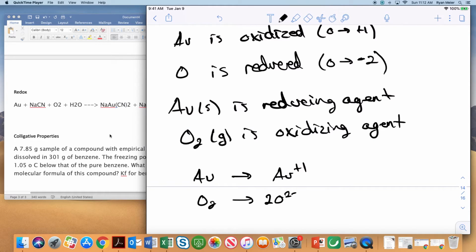That means I need 4 electrons, which means when I go to balance everything later, I'm going to have 4 golds going to 4 gold +1, plus 4 electrons. That's what we'd have to identify out of that reaction.